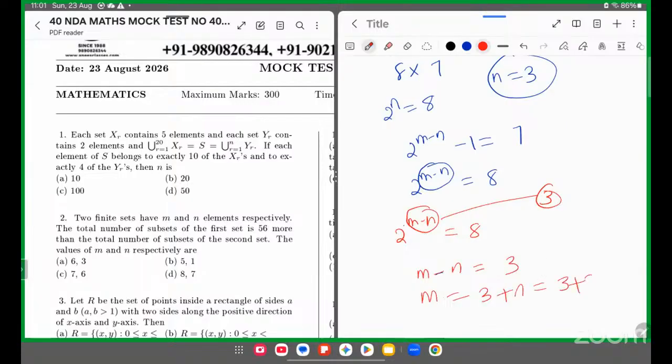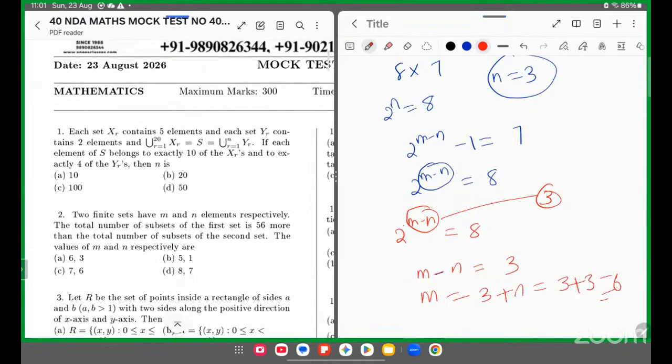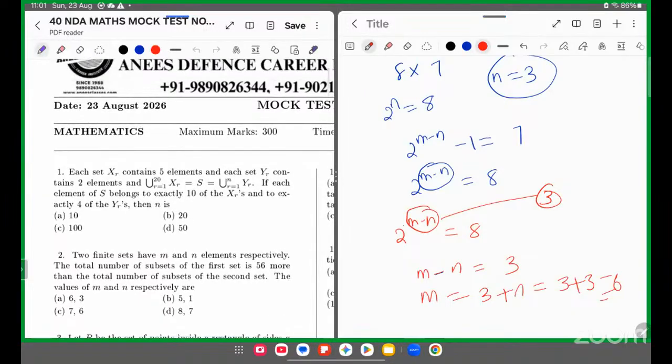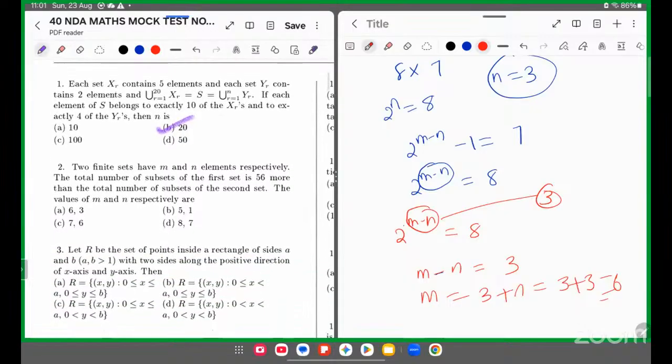So 3 plus 3 becomes 6. That means m is 6 and n is 3. So 6 comma 3 will be the answer.